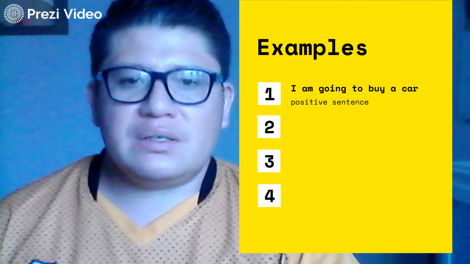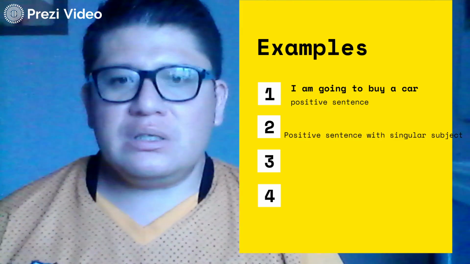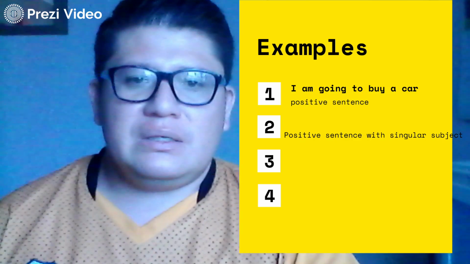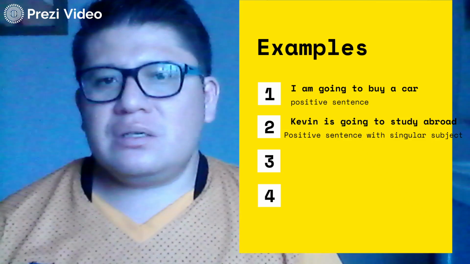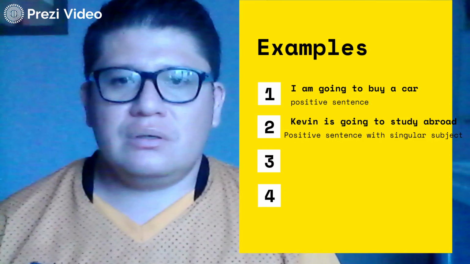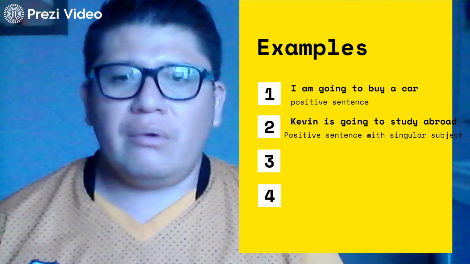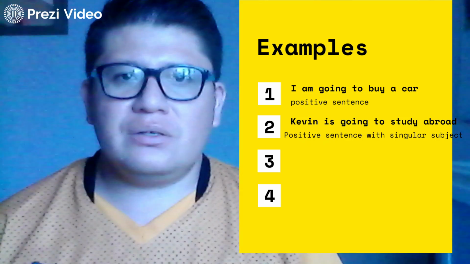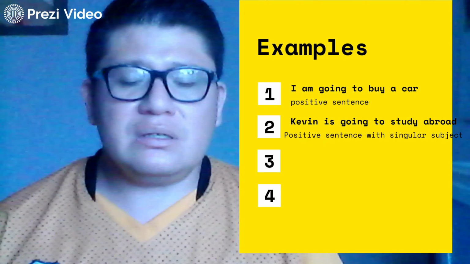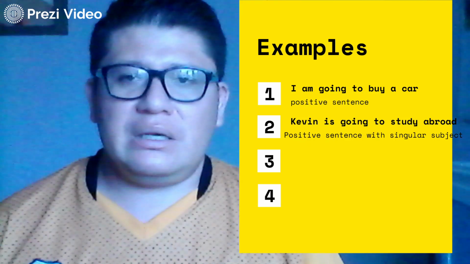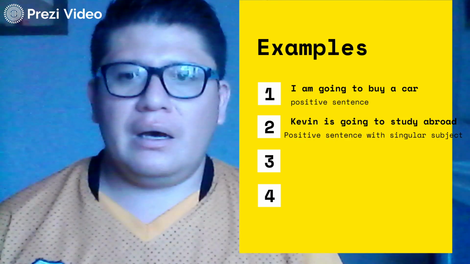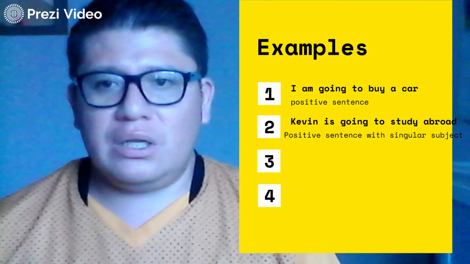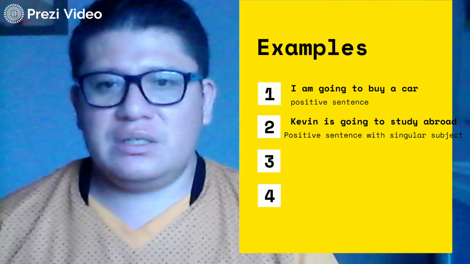Another example, a positive sentence with a singular subject: Kevin is going to study abroad. This is a prediction. Why? Because maybe Kevin has already made this decision and he has an opportunity to study in another country, in another school, in another university.